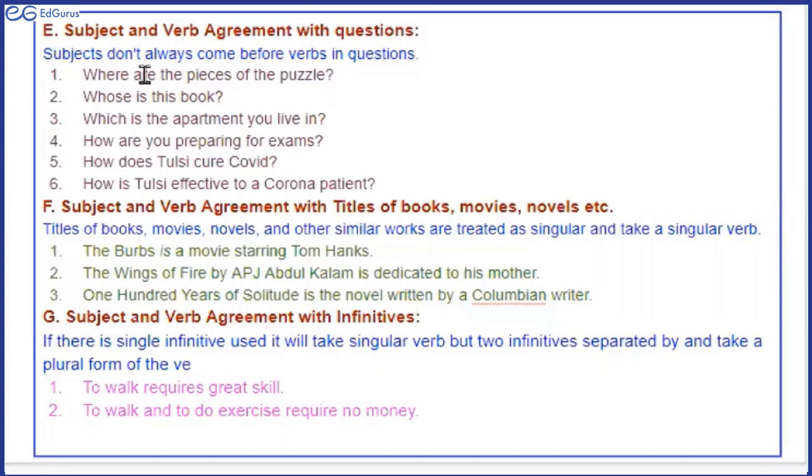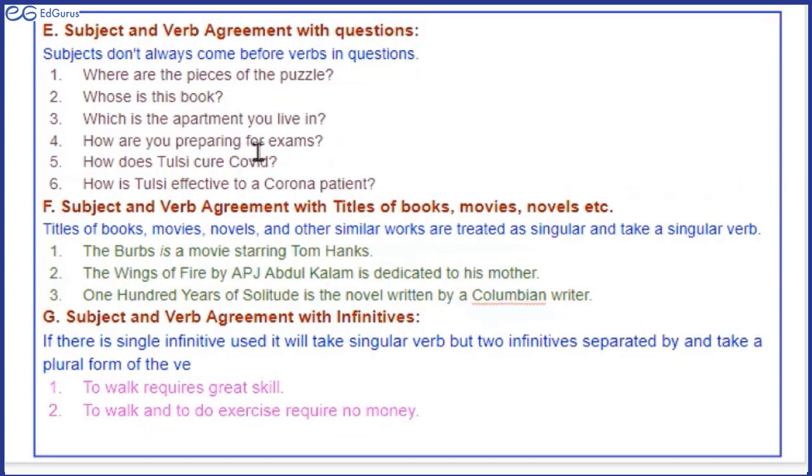Where are you going? You is the subject, are is the verb, but are comes first, verb first, and you, the subject, later. Right? Yes, ma'am. So this is what happens. Which is the apartment you live in? Again, you is the subject that comes later, but the verb comes first.